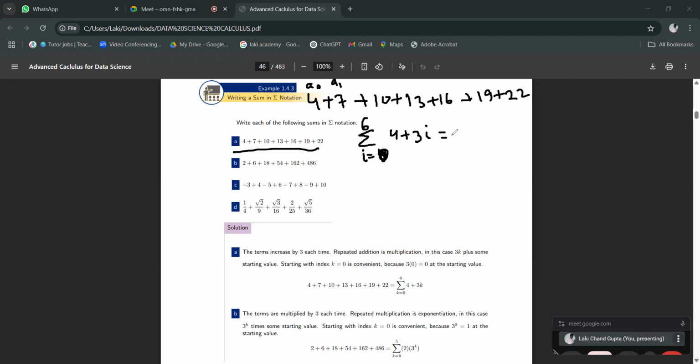Now when you put I equal to 0, you get 4 plus 0. When you put I equal to 1, 3 into 1, and I equal to 2, 3 into 2 is 6, right? So you will get 4 plus 7 plus 10, and so on, right?